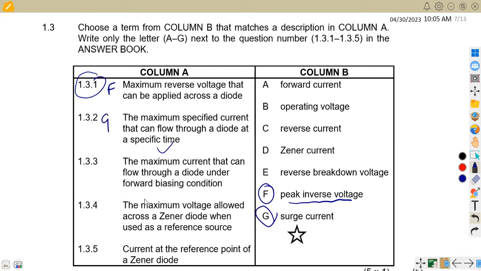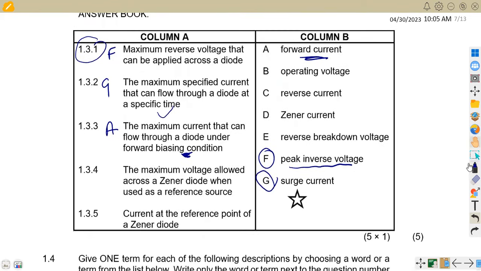All right. On 1.33, the maximum current that can flow through a diode under forward biasing condition, that's a forward current, which is A. The maximum voltage allowed across a Zener diode when used as a reference source. What is that maximum voltage?